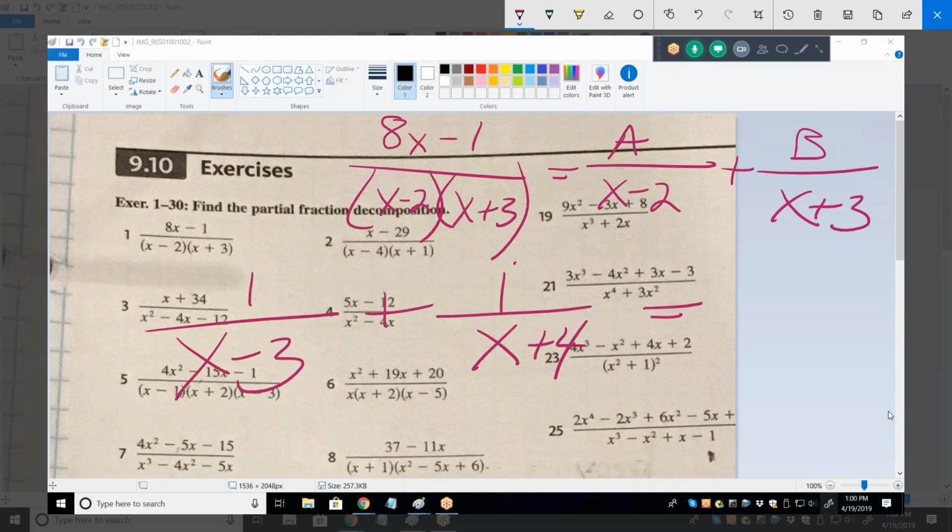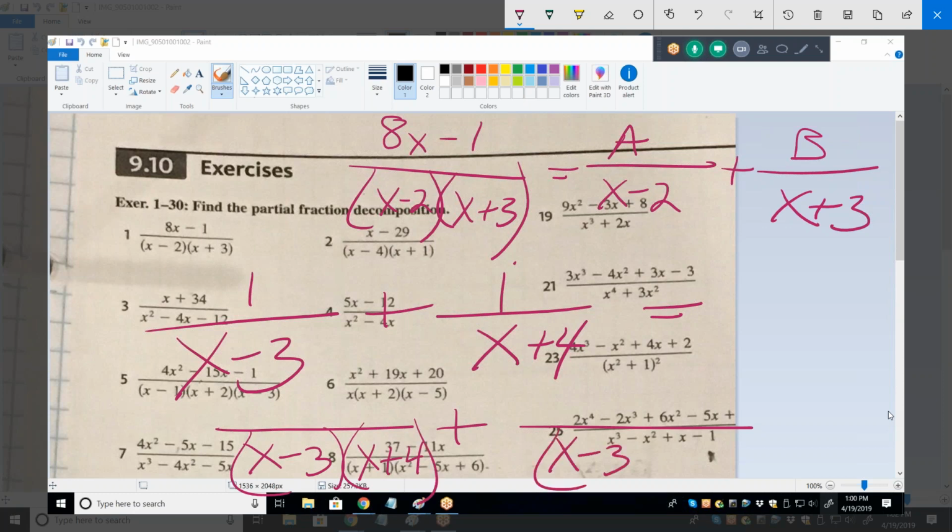You would multiply 1 over x minus 3 times x plus 4 over x plus 4, and then you would multiply 1 over x plus 4 times x minus 3 over x minus 3. Tell me what the common denominator is. X minus 3 times x plus 4. And don't ever multiply that out.